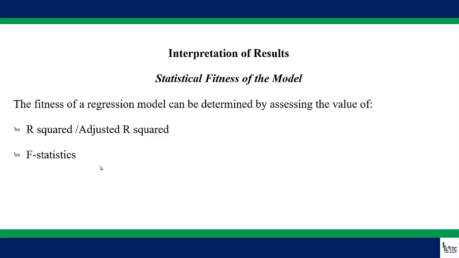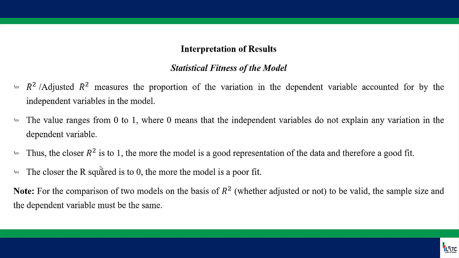So please, you need to watch out for the value of R-square, adjusted R-square, as well as F-statistics. Here is everything I've said about those two statistics. You can see R-square, adjusted R-square. They measure the proportion of the variation in the dependent variable accounted for by the independent variable in the model.